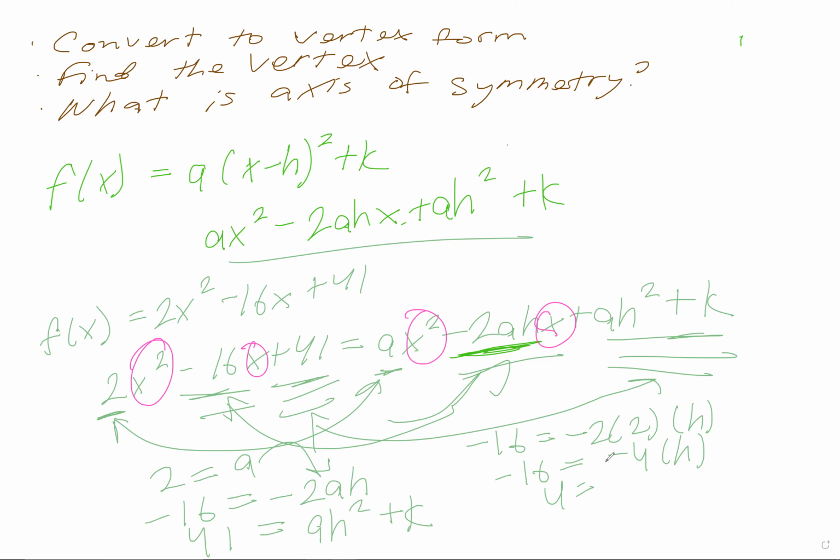So 4 is equal to h. Given that we know that 2 is equal to a and 4 is equal to h, we can solve for the last one. We could solve for k.